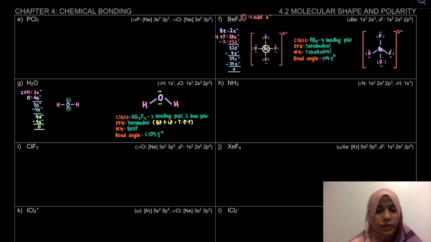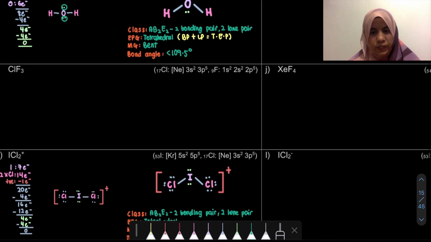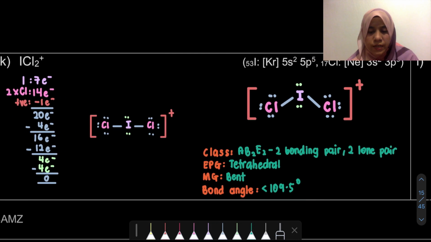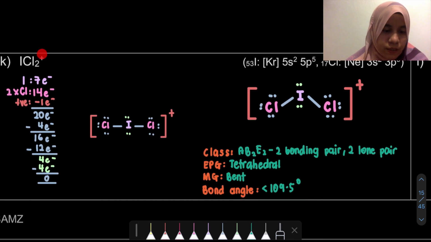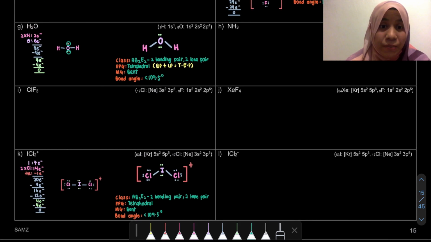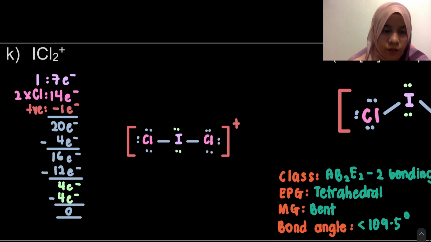Okay, last but not least, what I'm going to discuss together is ICl₂+. So this is the answer. Okay, let's discuss why. So ICl₂+, the difference is the plus. Earlier with a minus, we add electrons, for example F. Now with example K, since it is positively charged, what we do is minus the electron.